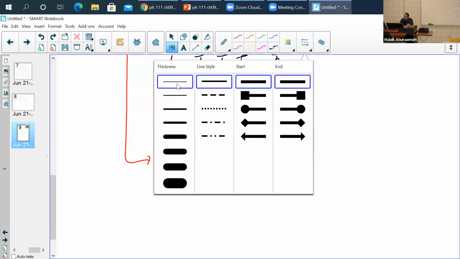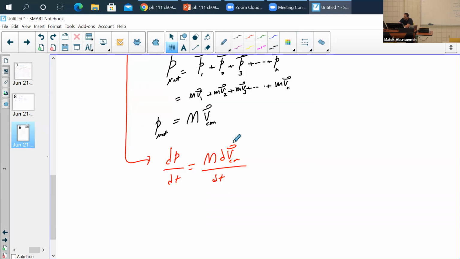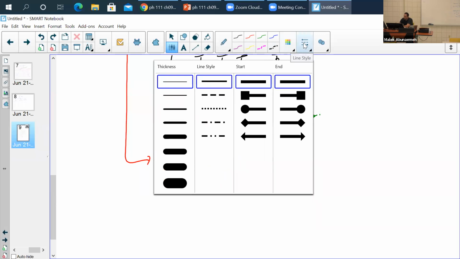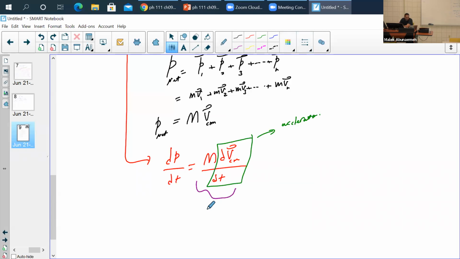And again, as a reminder, your velocity per time is going to be acceleration. So it's your mass times acceleration. So these two are going to equal your force. That means your F net is going to equal d momentum divided by dt.